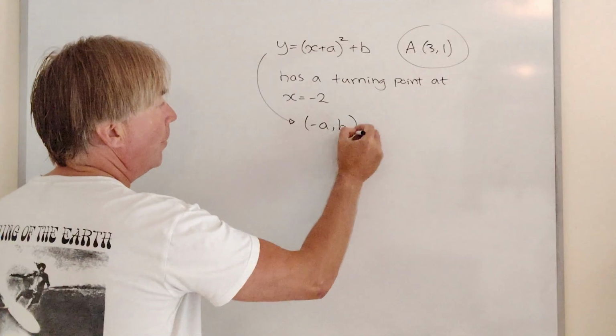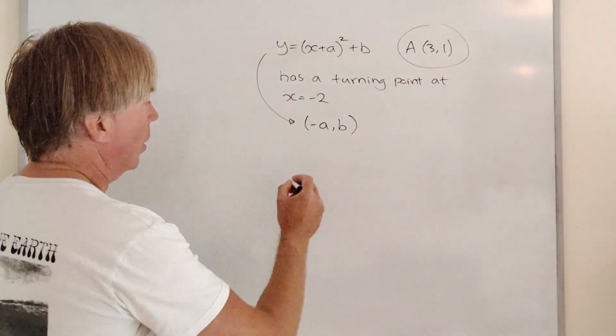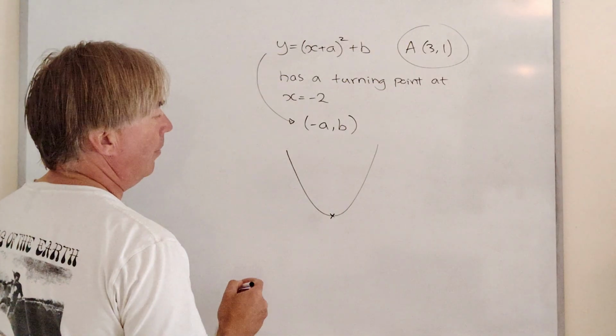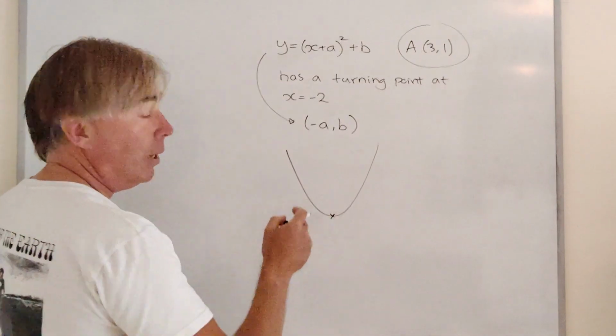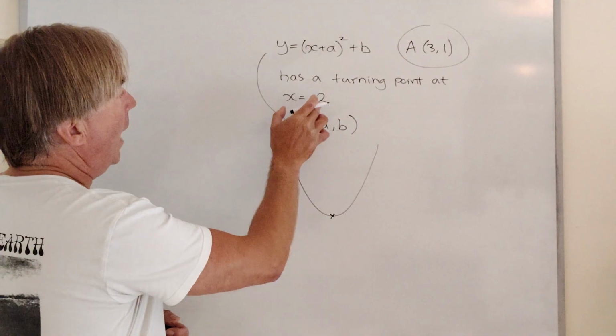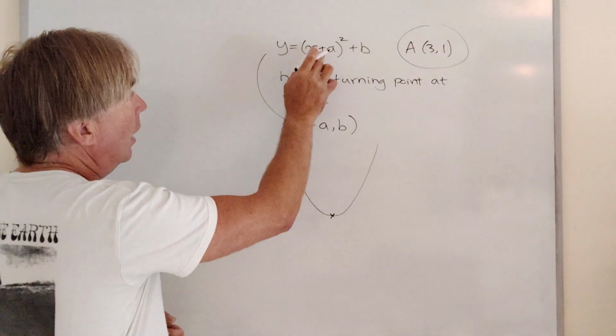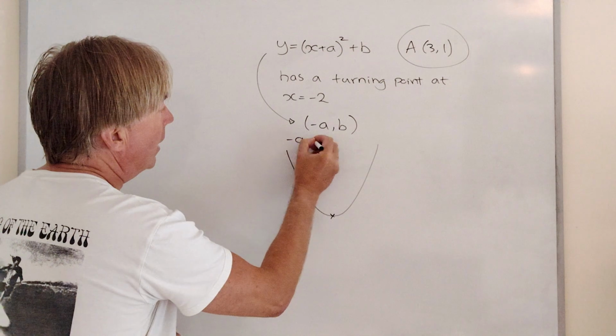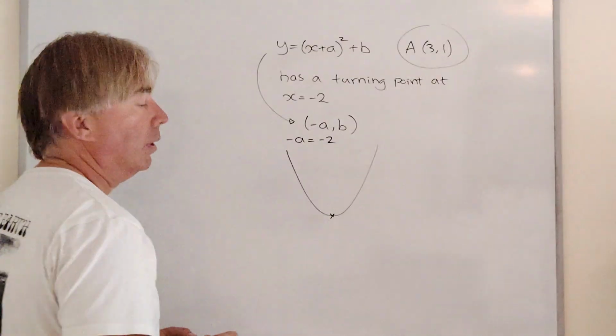So there's your generic turning point. A quadratic looks like this, there's our point at the bottom, the minimum, and we're told that at x equals -2 is our minimum point. So we know that -a is equal to -2.